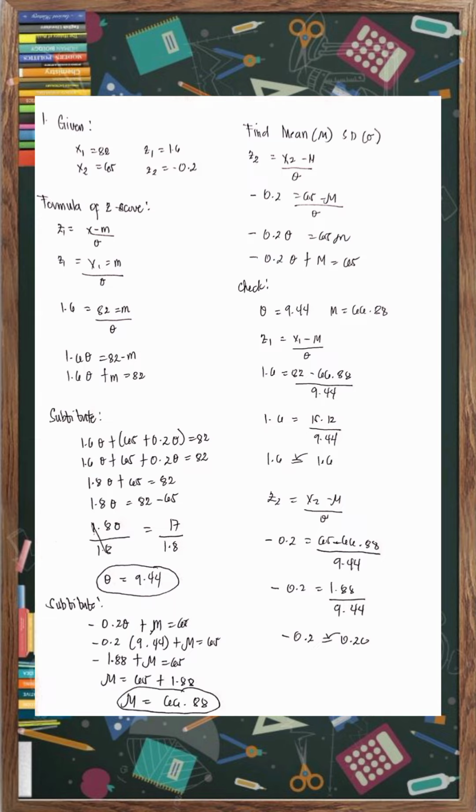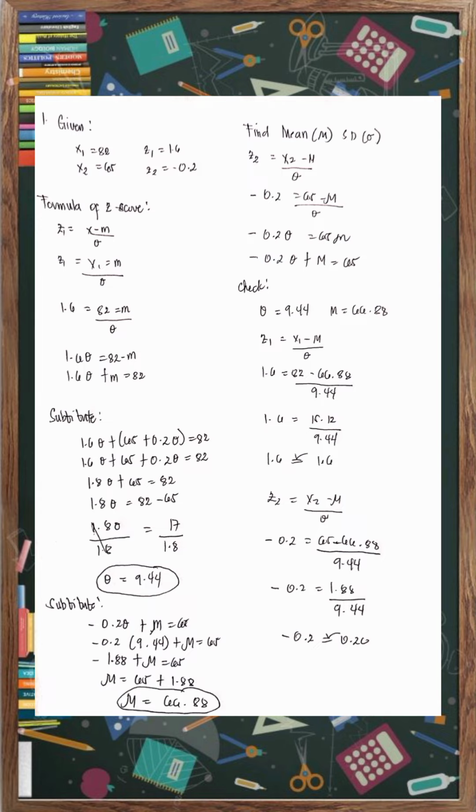Ilalagay po natin yung 1.88 sa kabila para maging positive po siya. Then, ang maging sagot po kapag ipagpa-plus natin, magiging 66.88. Yun naman yung mean.